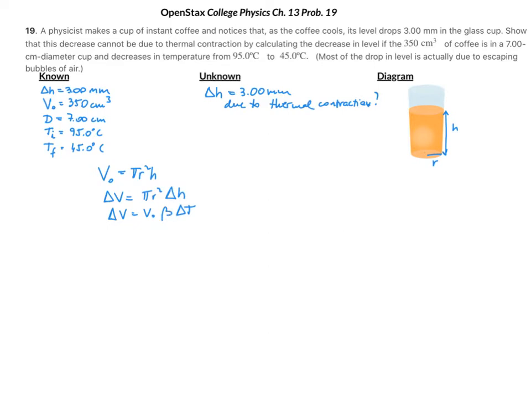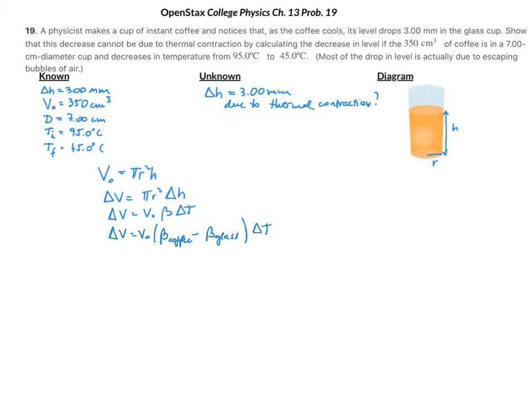So then I will have to write this as delta V is V naught, and we're subtracting beta coffee minus beta glass, because the glass changed shape as well, times delta T.